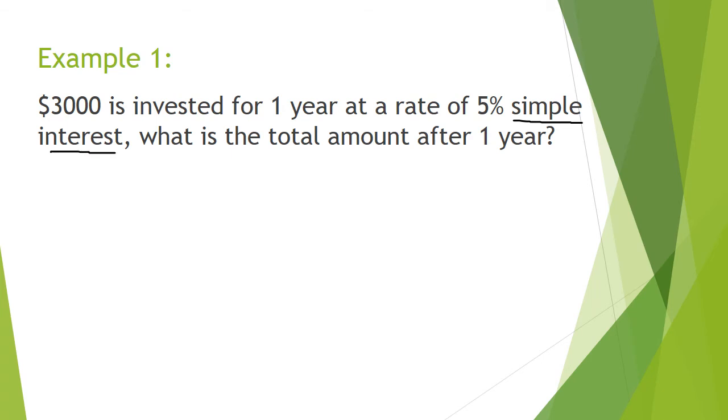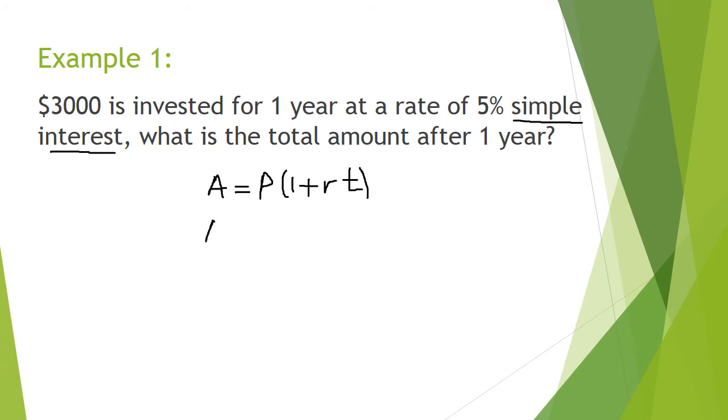That means I'm going to use the formula A, the final balance, which is what I need, the total amount, equals the principal times 1 plus rt, which is the formula for the simple interest option.